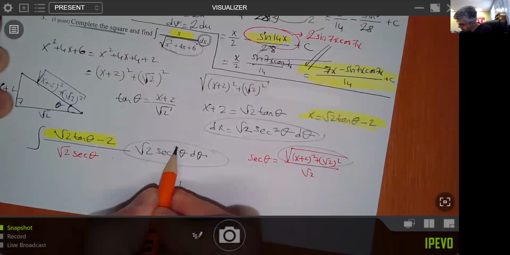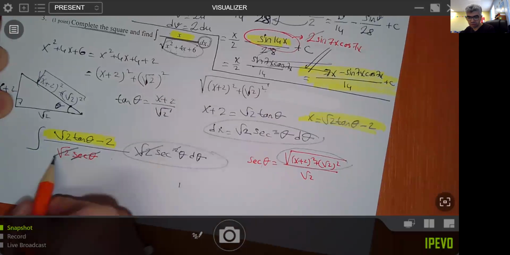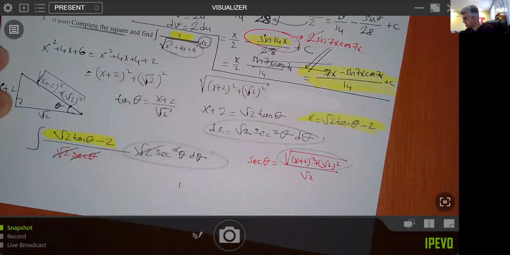This secant square and this secant theta we simplify. This root 2 and this root 2 we simplify.